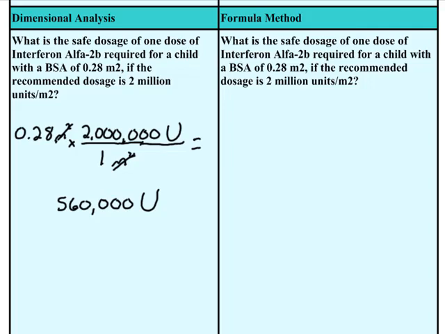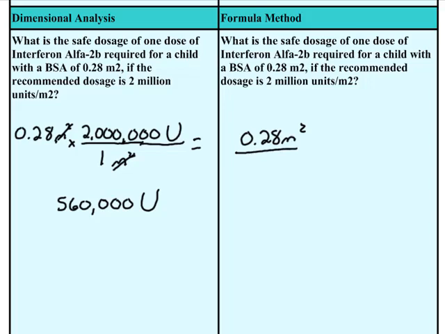The fourth way we can do this problem is by the formula method. They want us to find the safe dosage of a child who has a BSA of 0.28 meters squared. The recommended dosage is 2 million units per meter squared. In this case, we're going to start with our child's BSA of 0.28 meters squared.